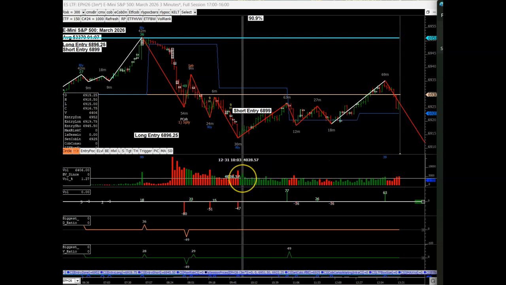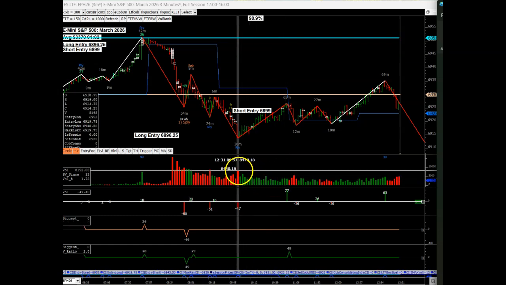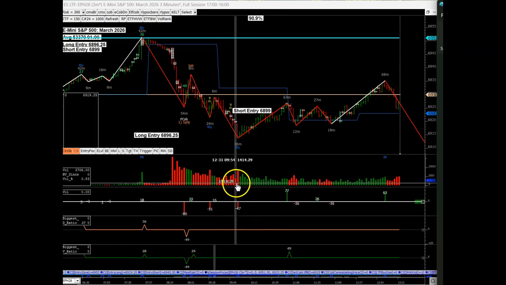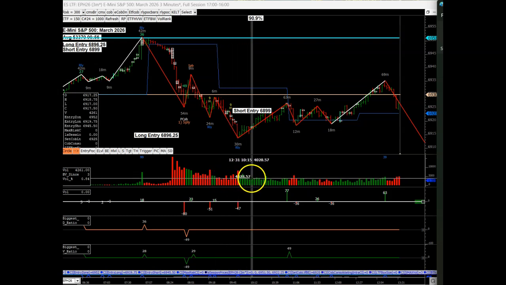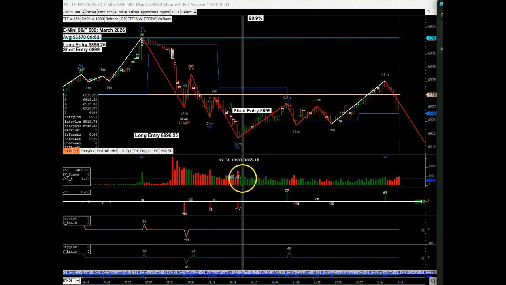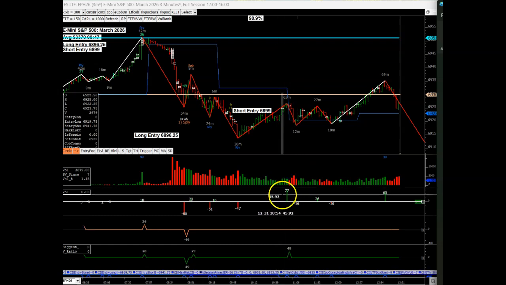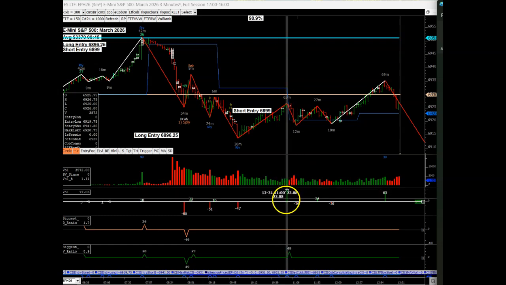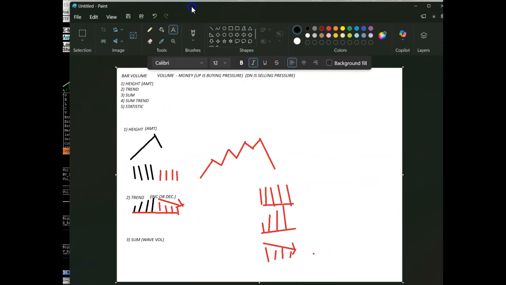This volume here in the green, there's a lot of it, right? But it's quieter than the red volumes. The height is less than the red volume, so you can't really pick it up. But if you notice, the sum picks it up right here, where it says 77. It's a lot of volume. You see? So that's why you need sum, which is the wave volume.